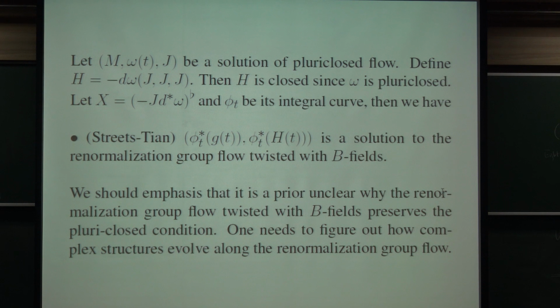Okay, but I should emphasize it's a priori unclear why the renormalization group flow twisted with B fields preserves the pluriclosed condition, because this original flow does not tell you how the complex structure changes. Okay, so one needs to figure out how the complex structure evolves along the renormalization group flow. This is our finding.